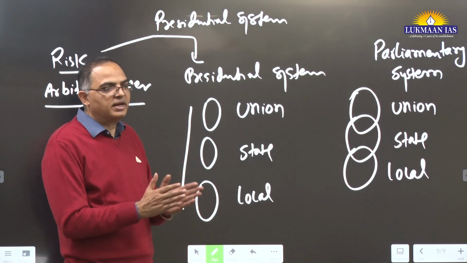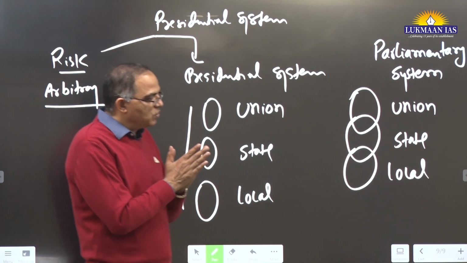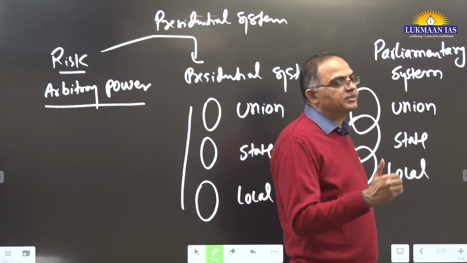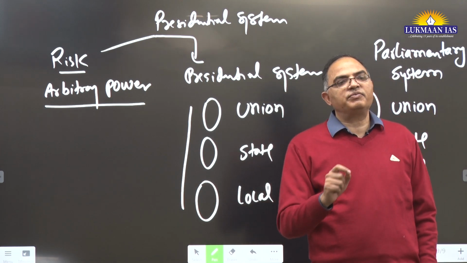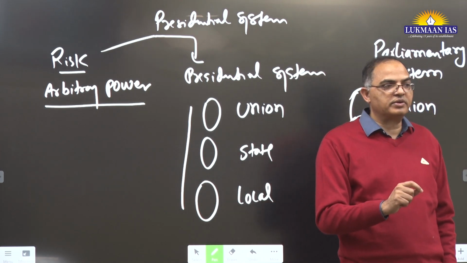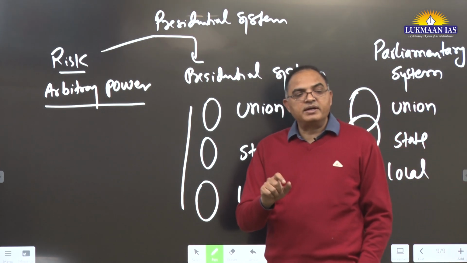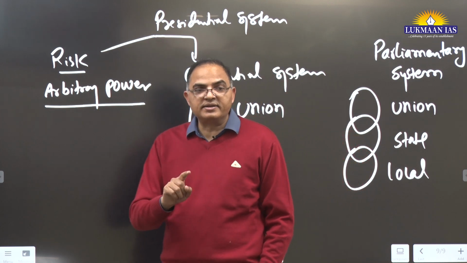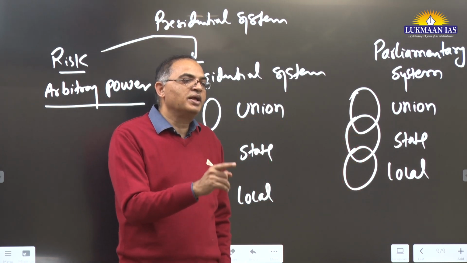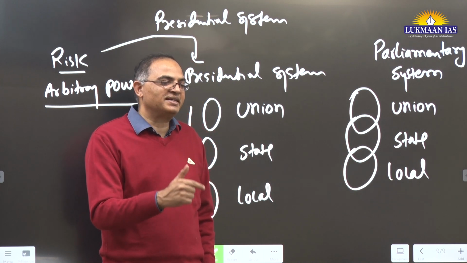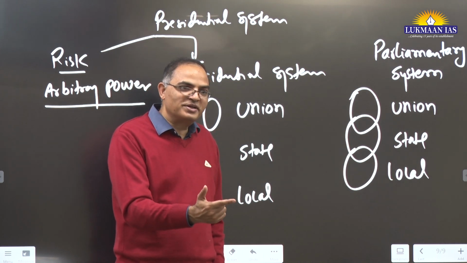Anyhow, we just have to conclude. So when the framers of the constitution adopted parliamentary democracy, the idea was that it will be responsible government. However, the working of parliamentary democracy shows that it is not necessarily immune to emergency and arbitrary exercise of powers.